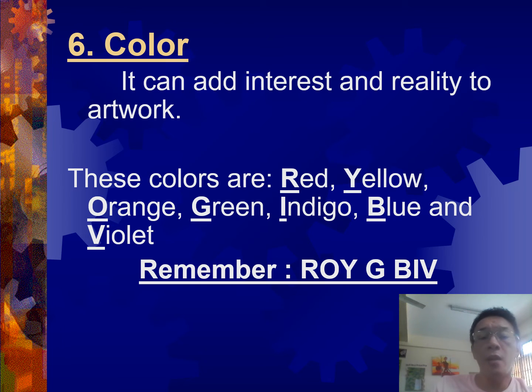These colors are the red, the yellow, the orange, the green, indigo, blue, and violet. So these colors really give glow or reality to a certain artwork or drawing. To easily remember that, you can have the ROYGBIV, or the Roy G. Biv.